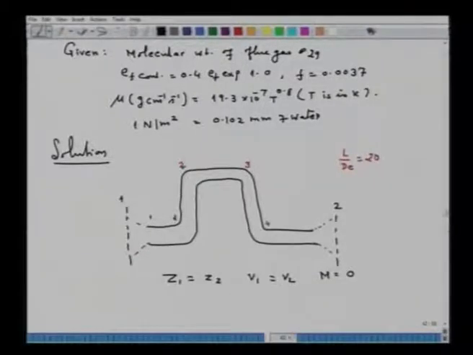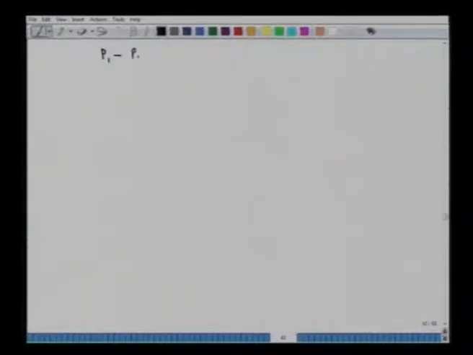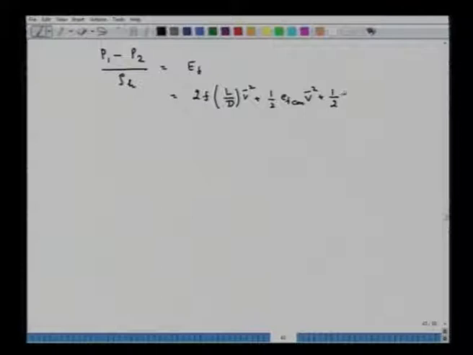So if we substitute all these simplification into our mechanical energy balance, then we will be getting P1 minus P2 upon rho H, that will be equal to EF. And since we can substitute here EF, 2F L by D V bar square plus half EF contraction V bar square plus half EF expansion V bar square.